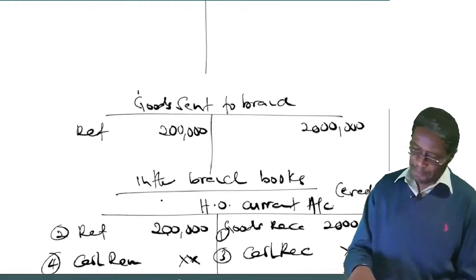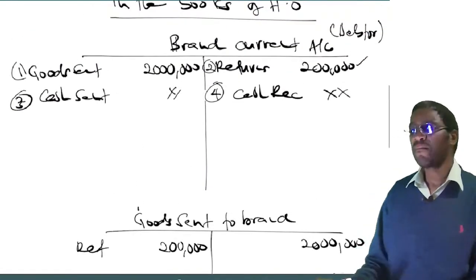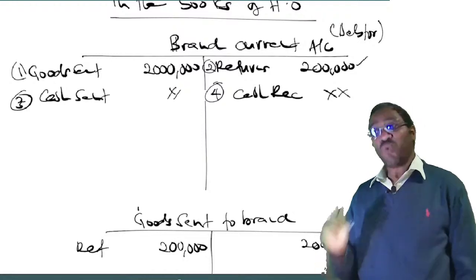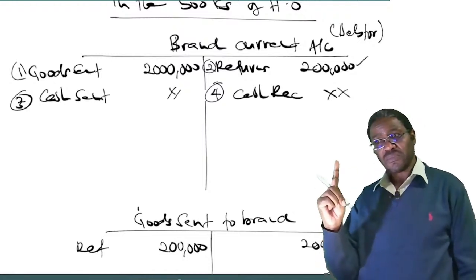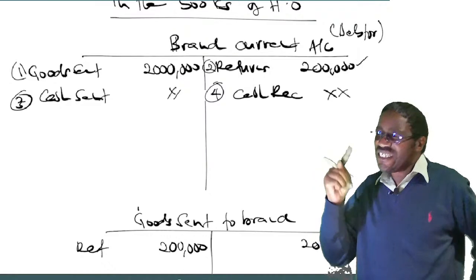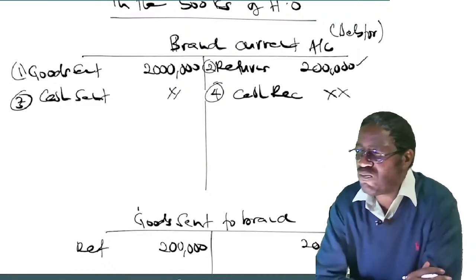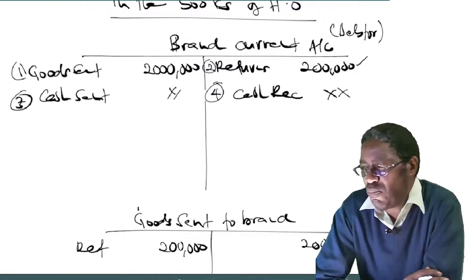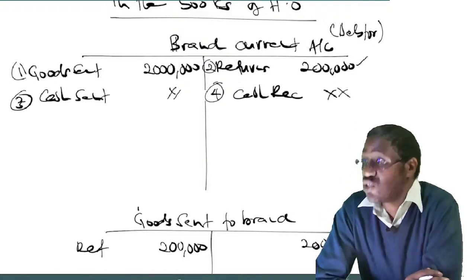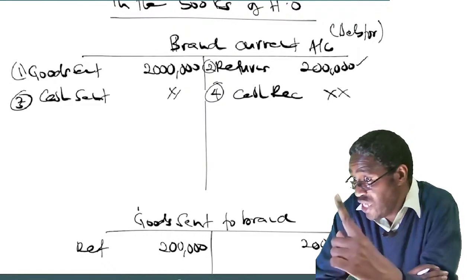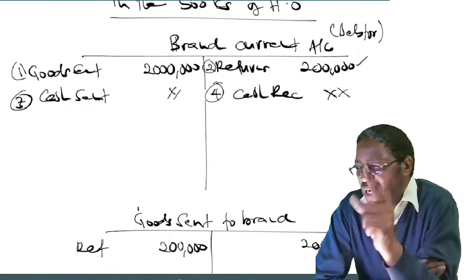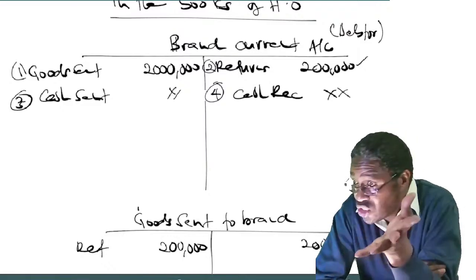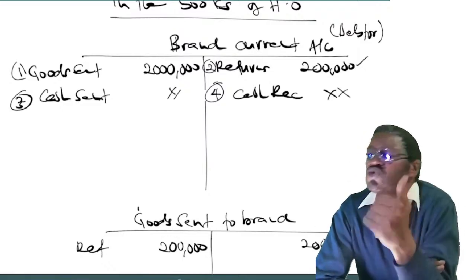Number 5. One time, the electricity bill of our branch was sent to the head office. Get the point there? Kenya Power, instead of sending the bill of the branch to the branch, they sent it to the head office.